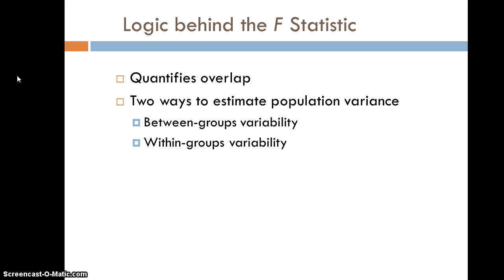Now, if we expected the null hypothesis to be true, we would find that the variability between groups would be very similar to the variability within groups, and we would find that our F statistic might be somewhere around 1. So it'd be a low number if that between groups variability is less than or the same as the within groups variability.